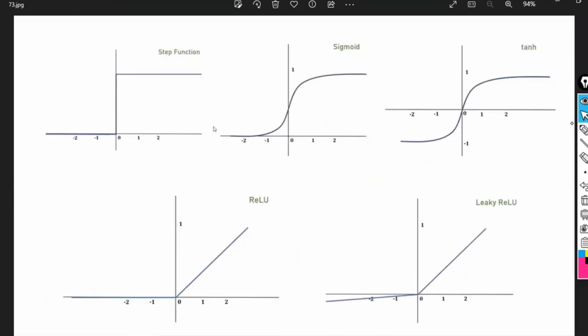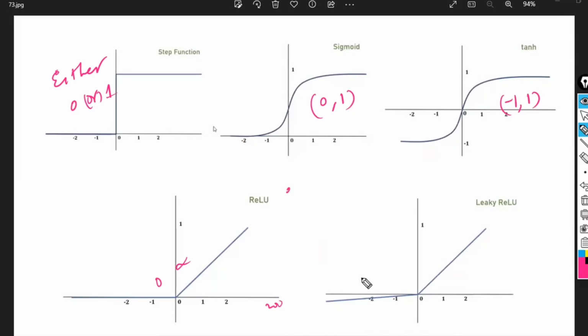Graphs are important, range is important, and types are important. So the range, once again: either 0 or 1. Range is between 0 to 1. Range is between minus 1 to plus 1. Range is between 0 to infinity. If 20,000 is the x value, y also will be 20,000 only.